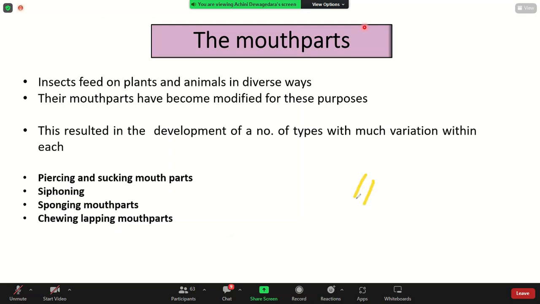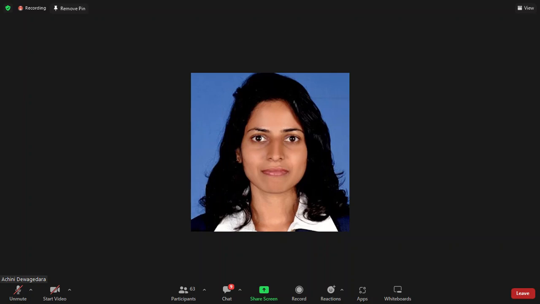In house flies, they have a structure like this. This is the sponge-like part. They will use this to sponge the food. Okay, I will share a video clip so it will be clear for you. Let me show you.